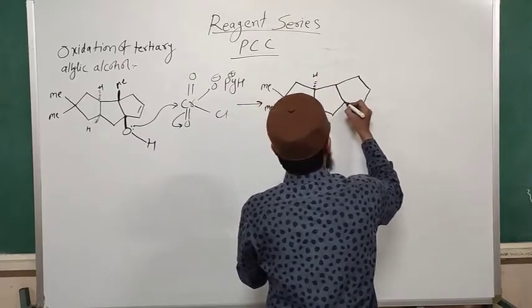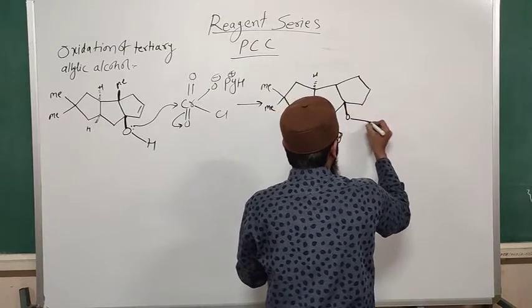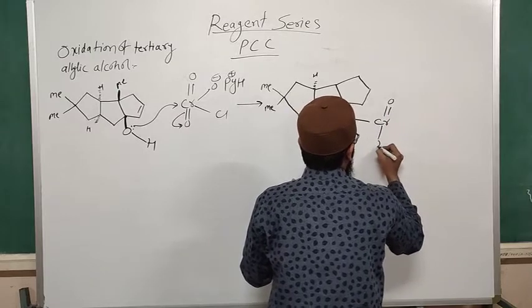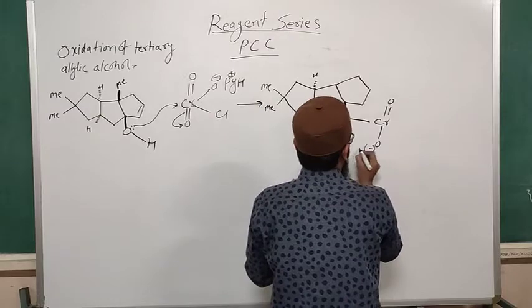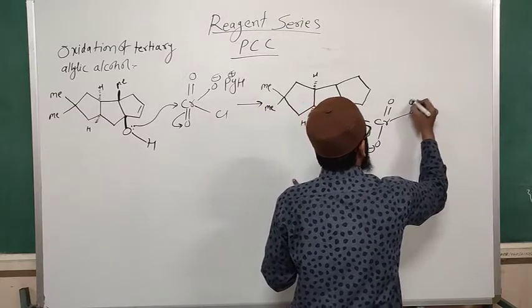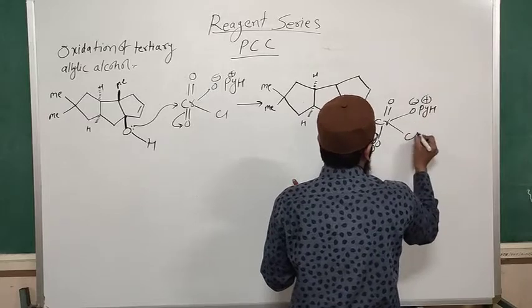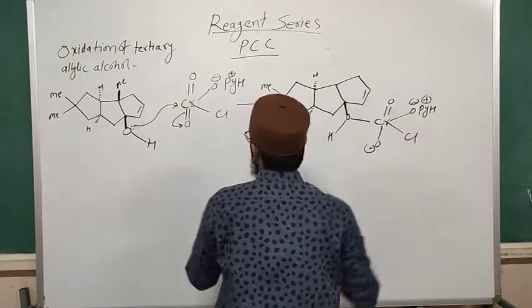Now, what do I have? This bold O and then chromium, double bond O, single bond O negative, it has one hydrogen. Okay. Now, what else? PyH positive, chloride ion. Now, we have a double bond here.